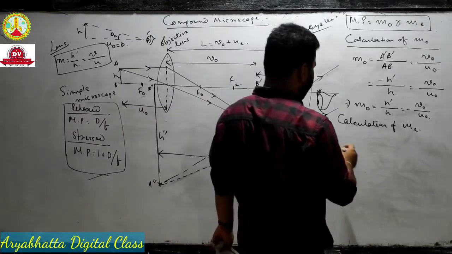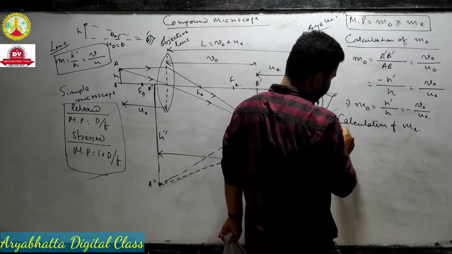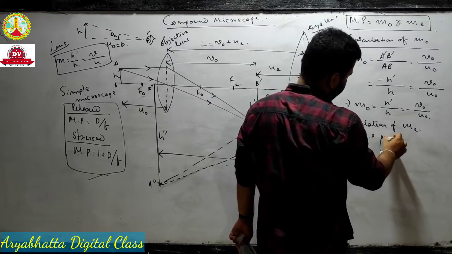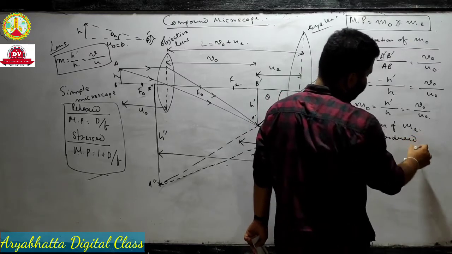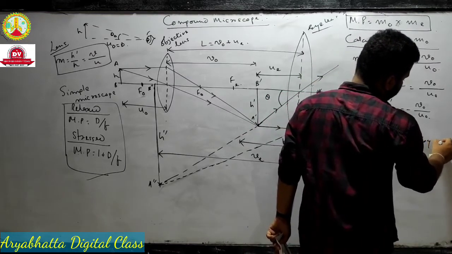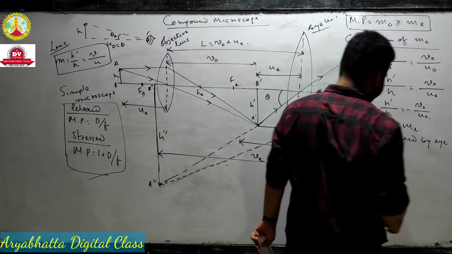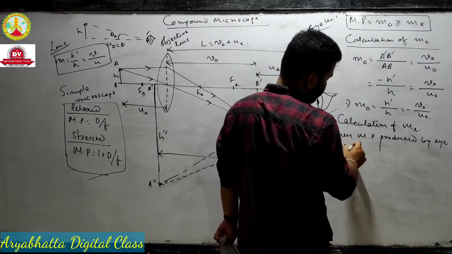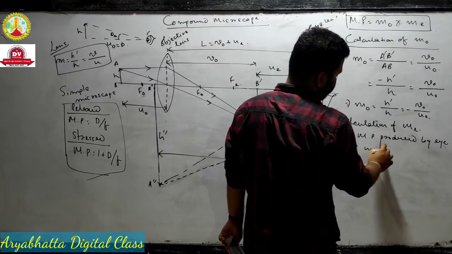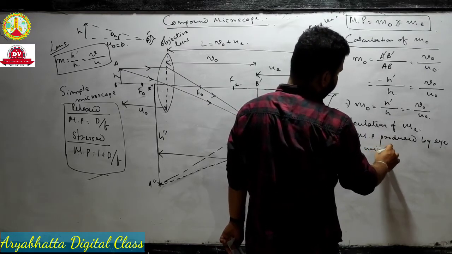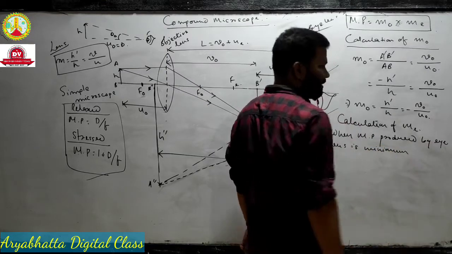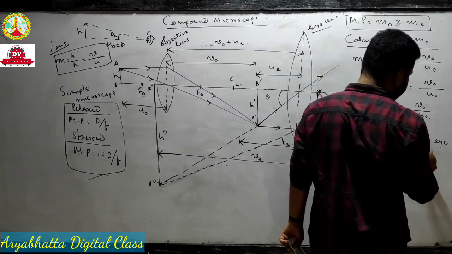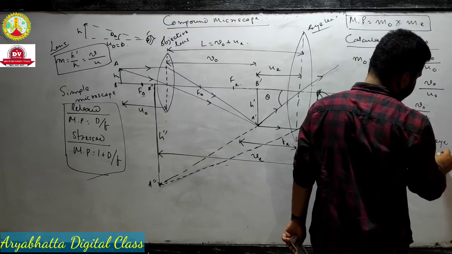That is, when the magnifying power produced by the eye lens is minimum. When is power minimum? When the ciliary muscles are in relaxed condition. So we will write this as relaxed condition.